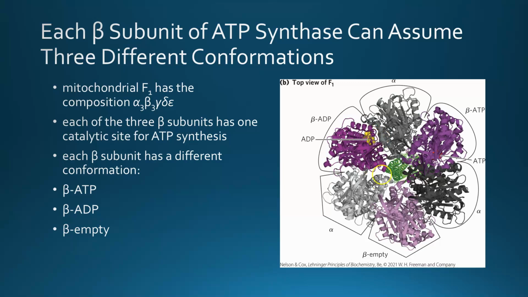Then when this central shaft turns again, the conformation changes to squeeze together the ADP and the phosphate. That's the tight binding site, and that forces the phosphate and the ADP to attach. Then when that site becomes the loose site again, then the ATP that has been formed can dissociate.